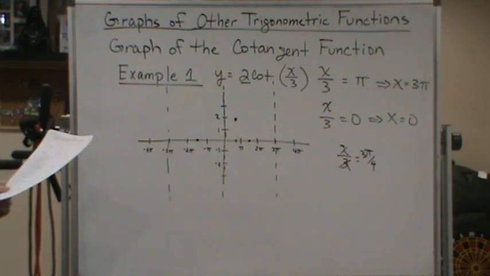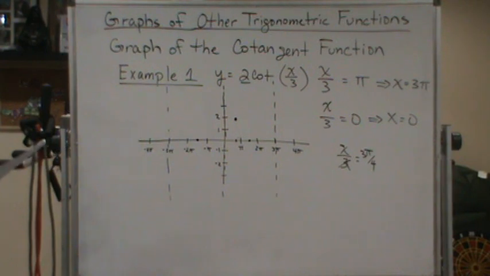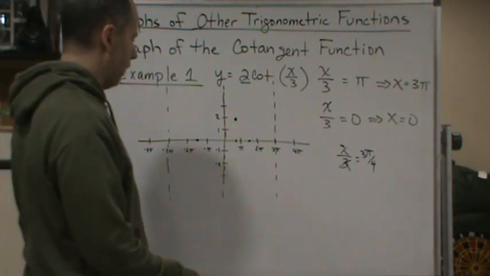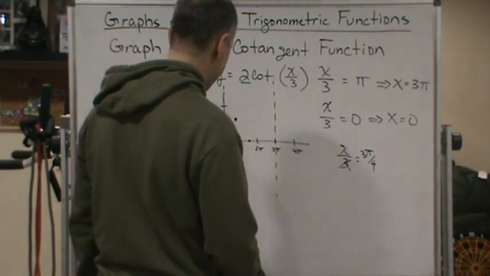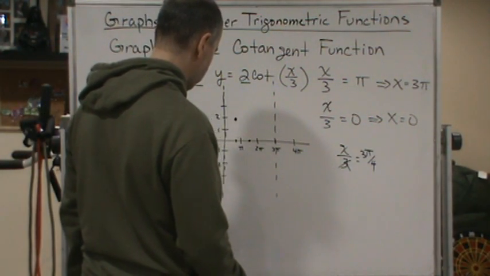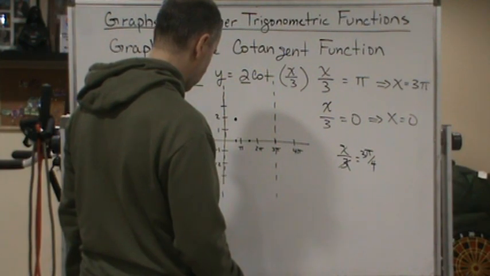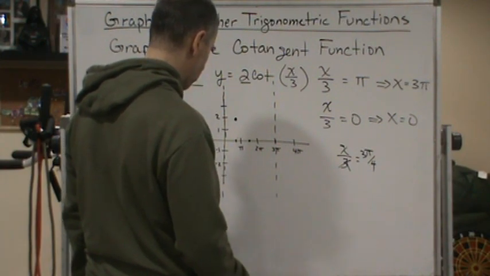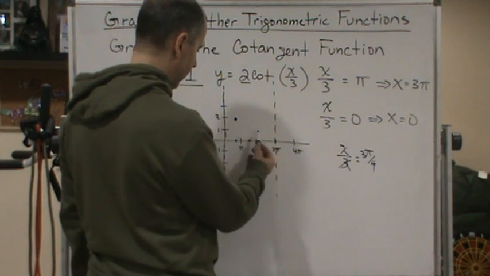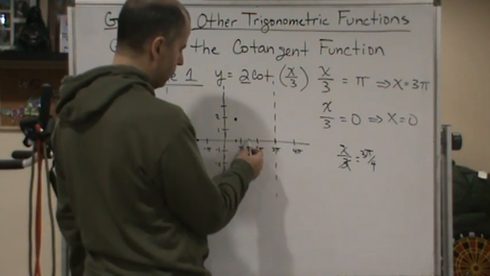And then if we also think about the other one, the next one is going to be at 9 pi over 4. Right, because of symmetry, you can think of it as symmetry here.